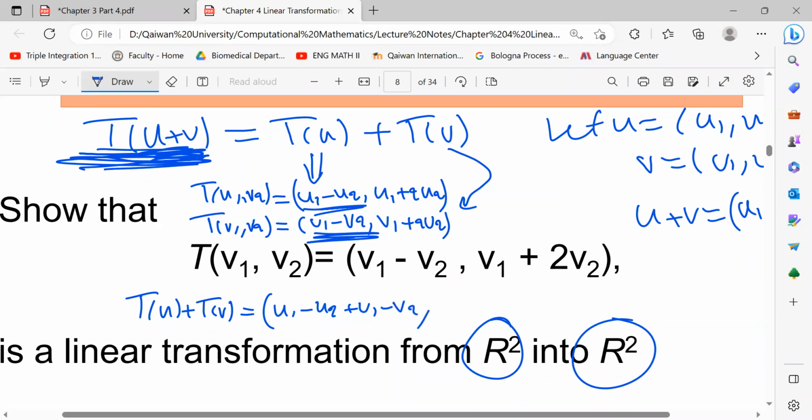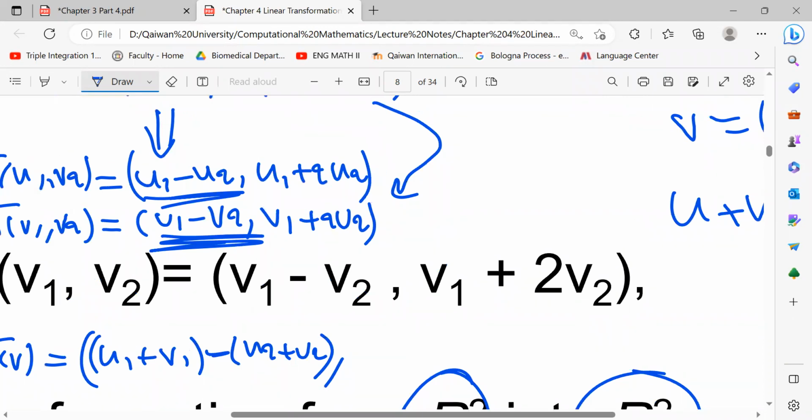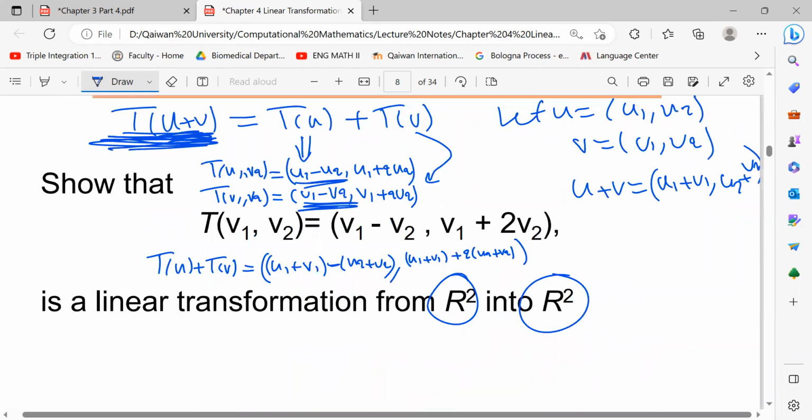If you rearrange it, it is U1 plus V1 minus U2 plus V2. It's the same. Then, comma, adding those two entries, it is U1 plus V1 plus 2 times U2 plus V2. This is the sum of T of U and T of V. We get this.